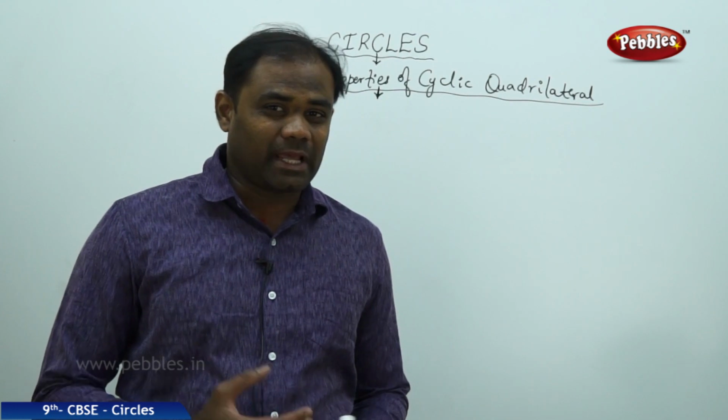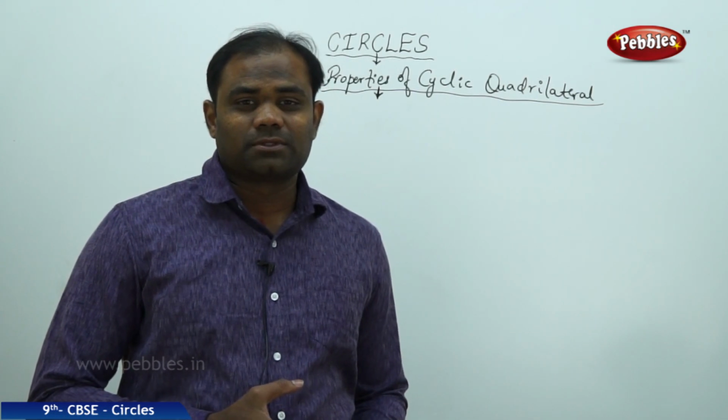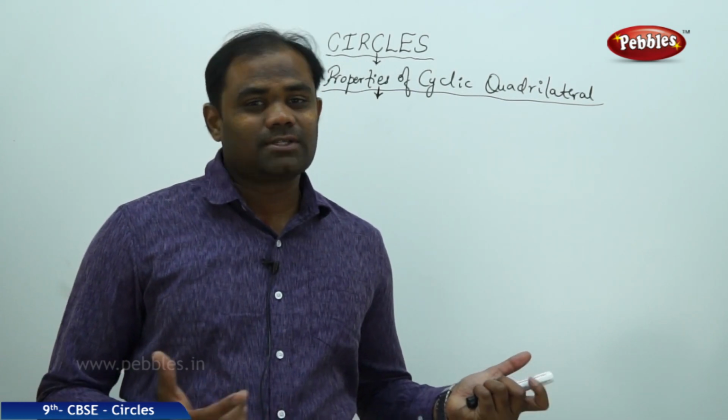Let's see the converse of the previous session. If the pair of opposite angles of a quadrilateral is equal to 180 degrees, then will the quadrilateral be cyclic? This session is about the converse of the cyclic quadrilateral property.